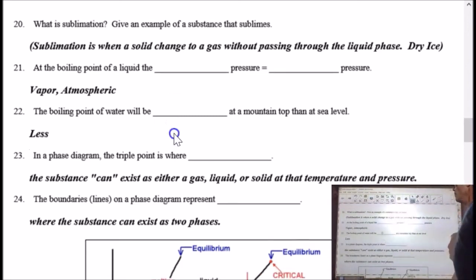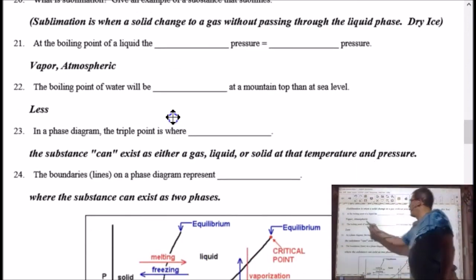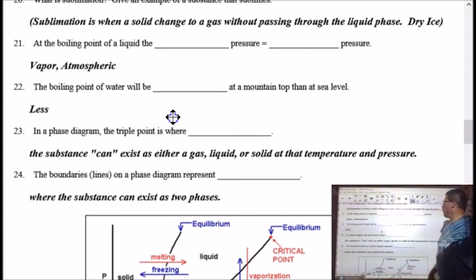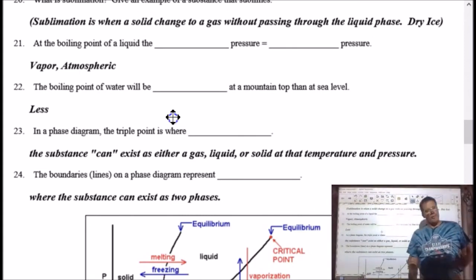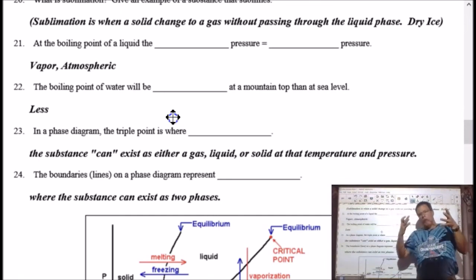Number 21: at the boiling point of a liquid, the vapor pressure is equal to the atmospheric pressure. I spoke about that earlier in the year: if you're at home cooking and you notice the water starting to boil, you'll see steam above that water.